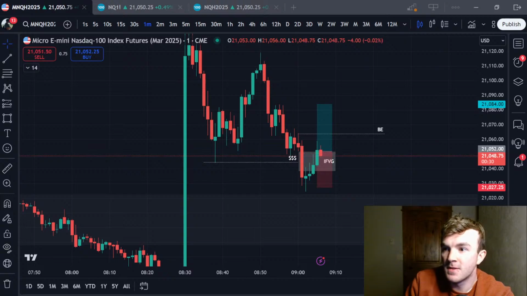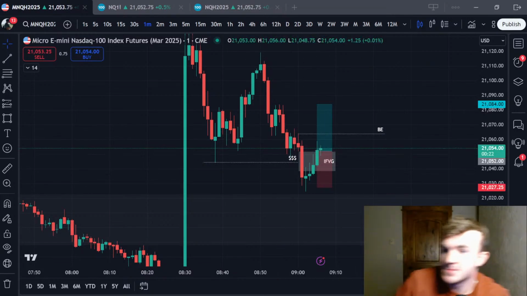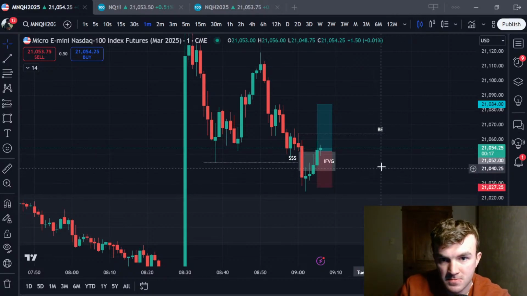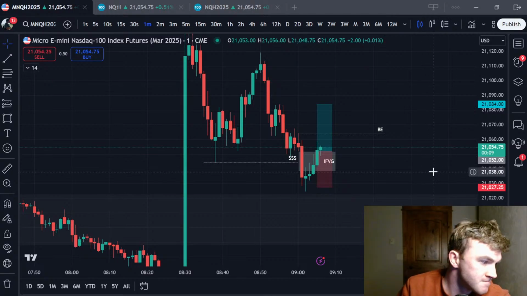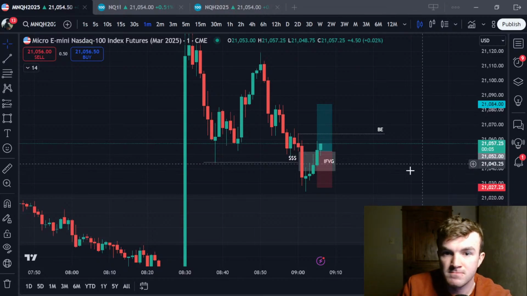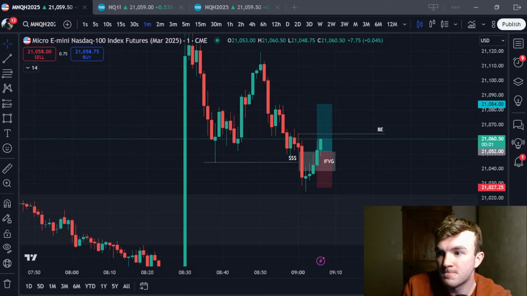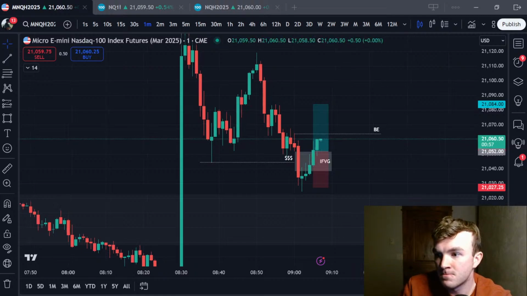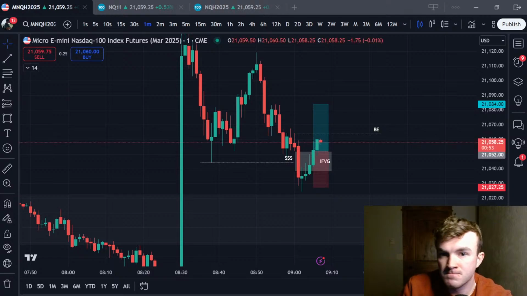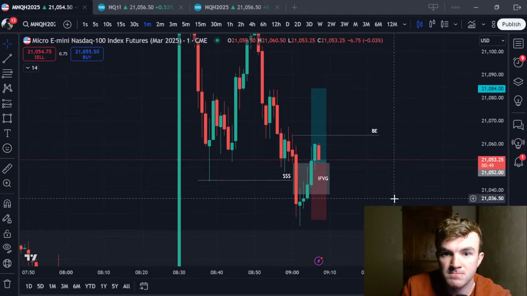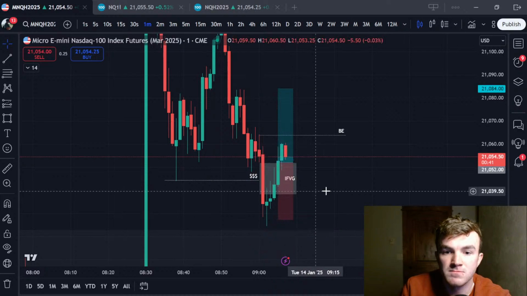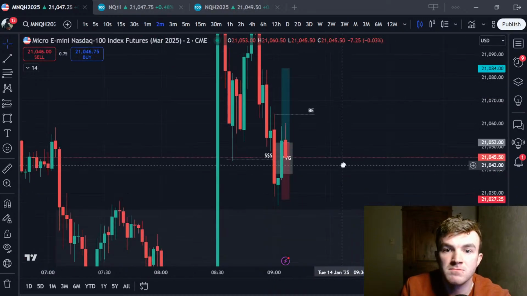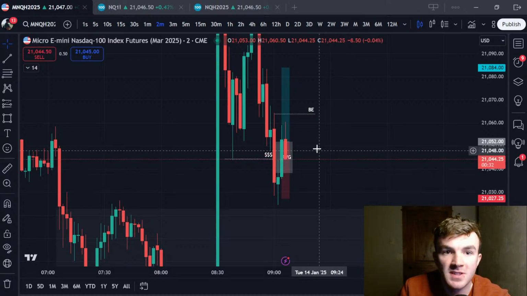And I'll just go break even once we hit like one of these highs. It's a decent looking 2-minute inversion.